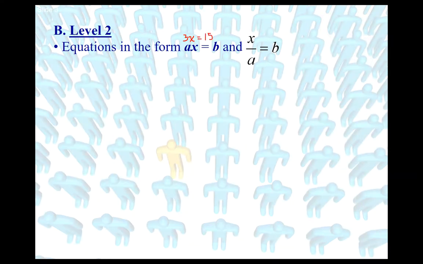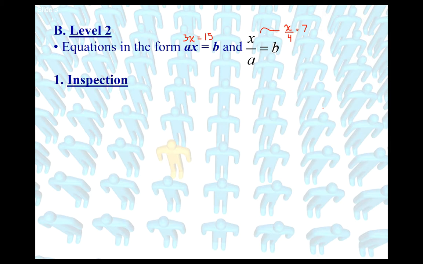So a is 3, b is 15. Or you could have x divided by 4 is equal to maybe 7. So a is 4, b is 7.